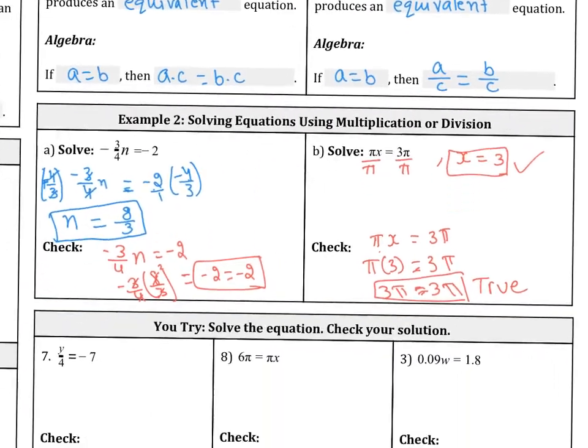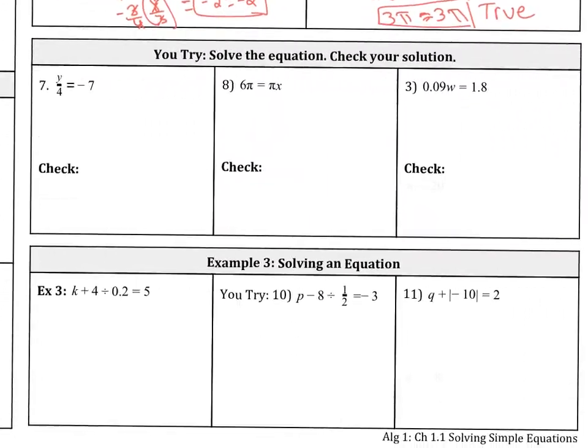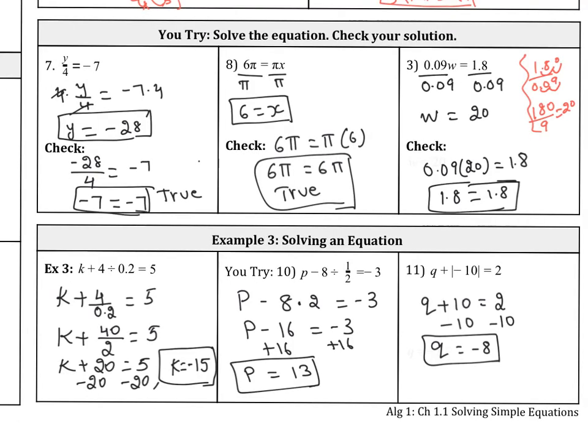Now let's look at numbers 7 through 11 that you were trying on your own, and let's discuss these problems. Let's look at number 7. For number 7, you want to get rid of the 4 and get the y value. To get rid of this 4, you're going to multiply by 4 on both sides.